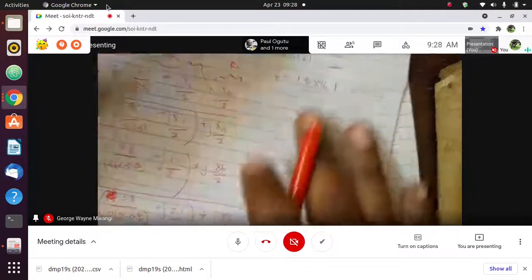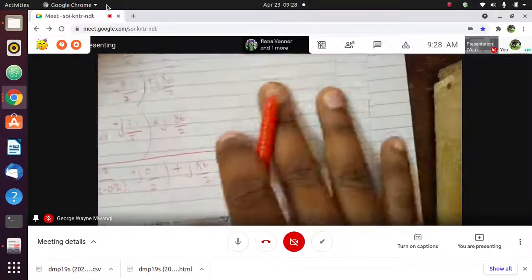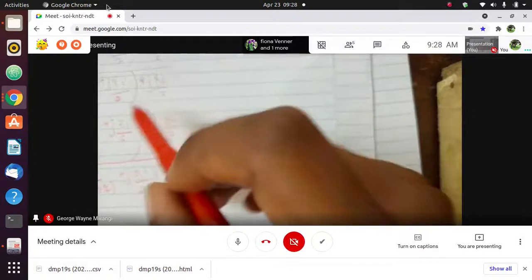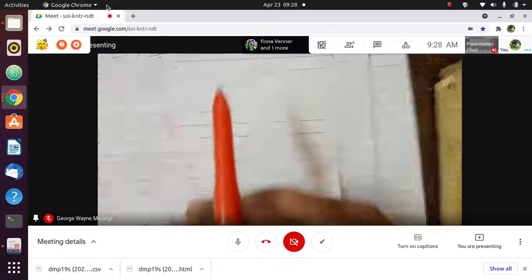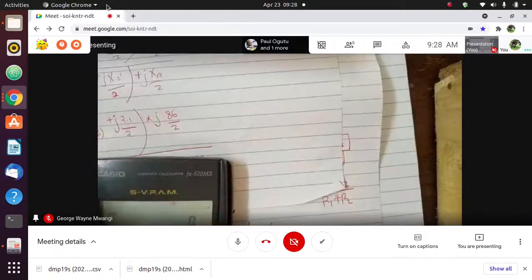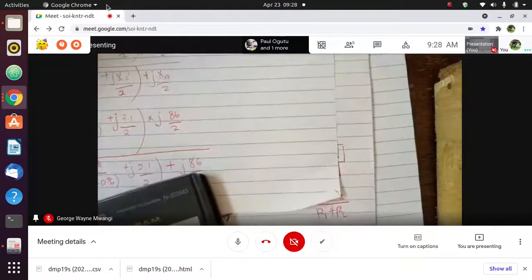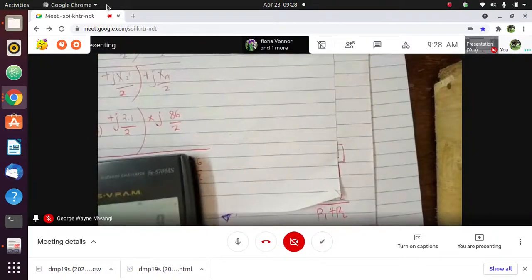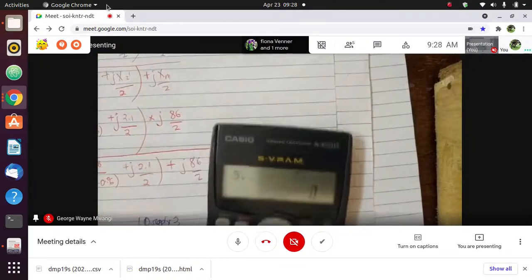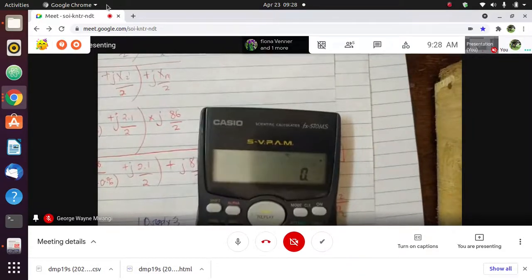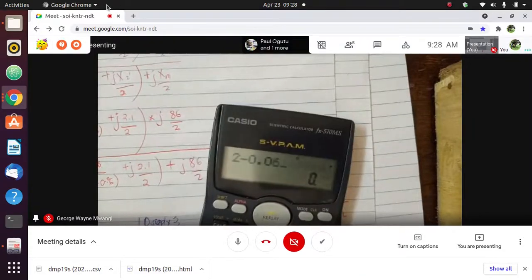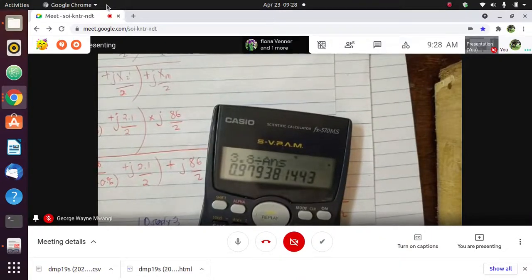Now, when you simplify this, we get 3.8 divided by 2 minus 0.06, times 2.